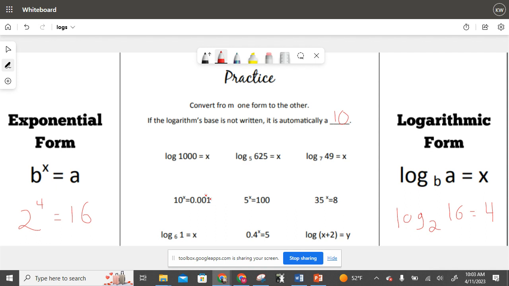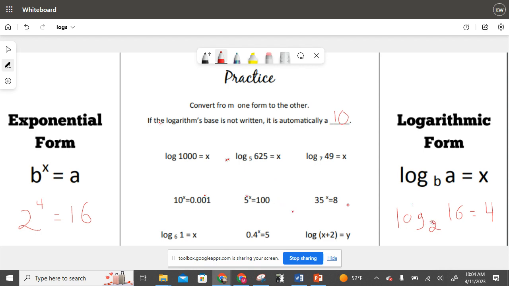So let's experiment with a couple things. If you don't see any small number next to your log, that means that your base happens to be 10. That's just one of the few constants with this stuff. So we're going to take a couple of these logs and turn them into exponentials, or some of these exponentials and turn them into logs.